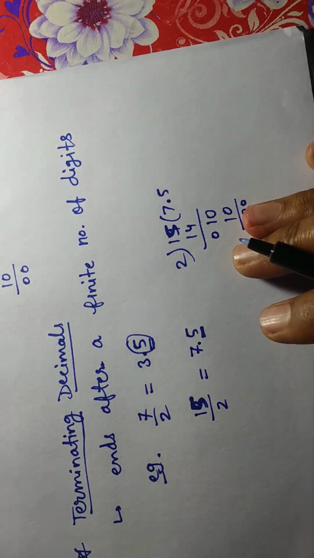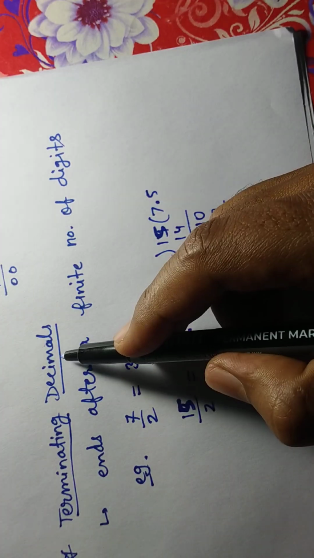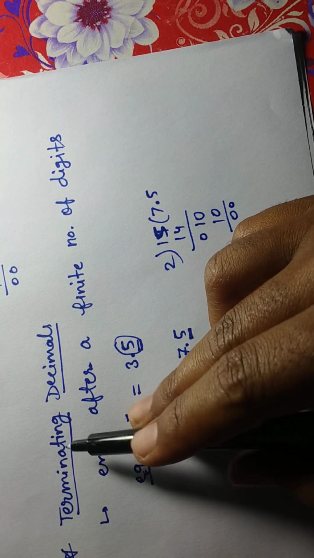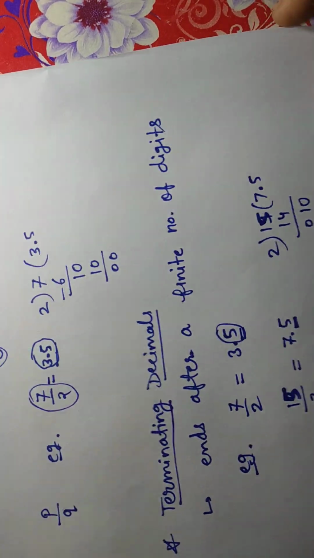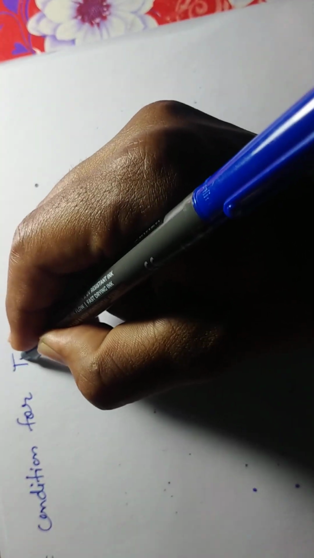Now there is one essential condition for any decimals to be a terminating decimals. Now what is this condition? Let's look at this condition, the condition for termination, right?